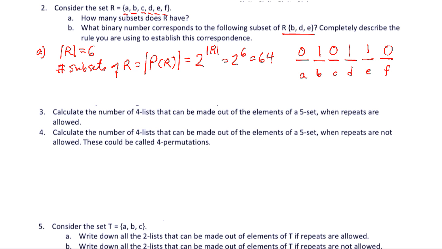And we form a binary number with one digit, or one bit, I guess, technically speaking, for each element of the set.